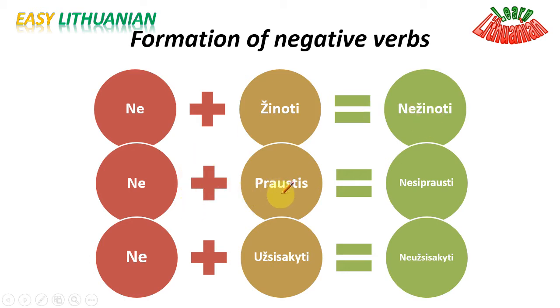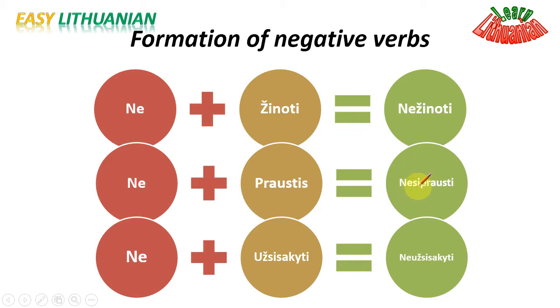Next, if there is a reflexive verb, for example, praustis, to have a bath or a shower, when you're adding a prefix to any reflexive verb, remember this rule about the reflexive verbs. If any reflexive verb has any prefix, the reflexive particle goes between the prefix and the verb.